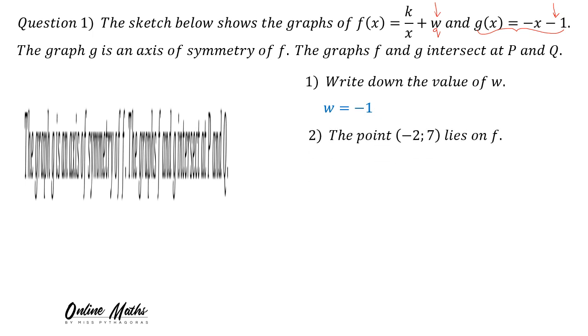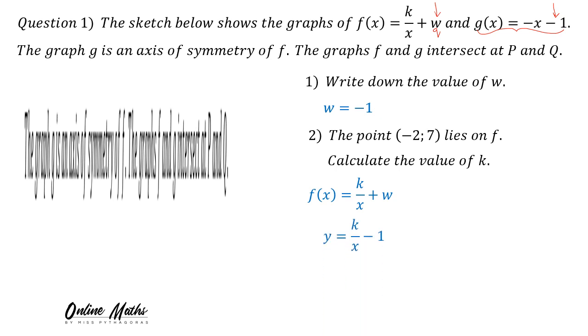Question 2. The point -2, 7 lies on f. Calculate the value of k. In other words, they want us to find the equation of the hyperbola. So we will start with f of x is equal to k over x plus w, and we now know that w's value is -1.